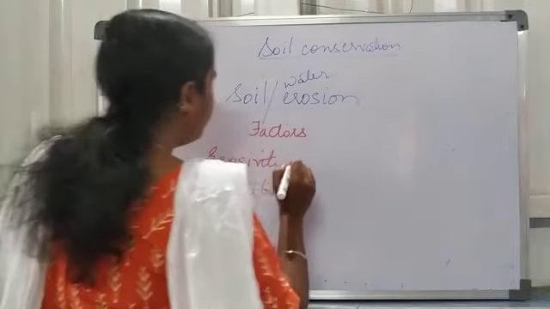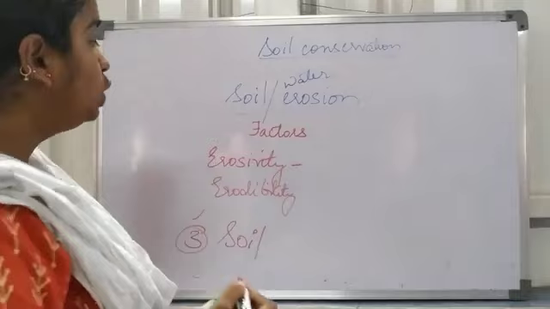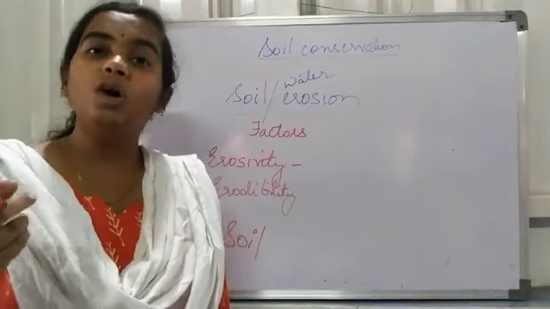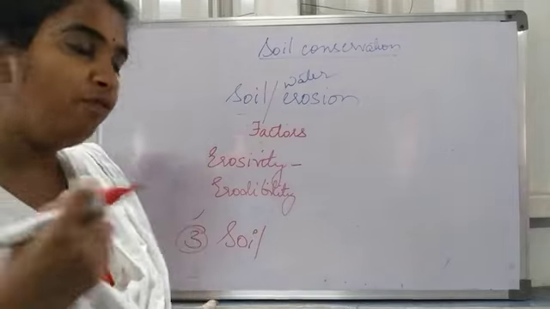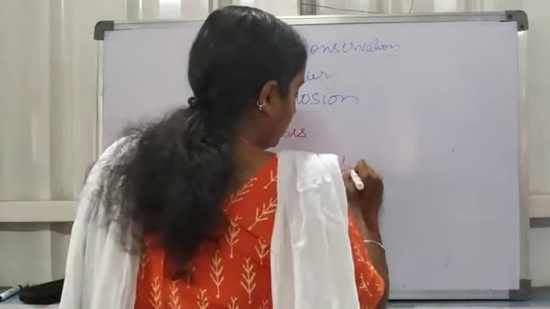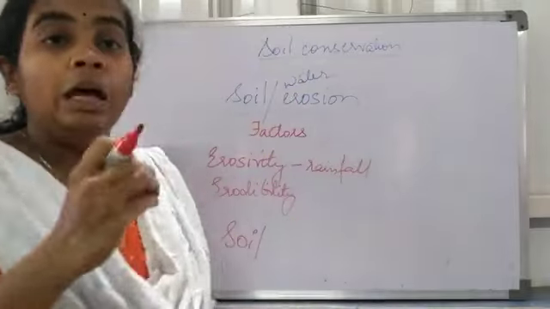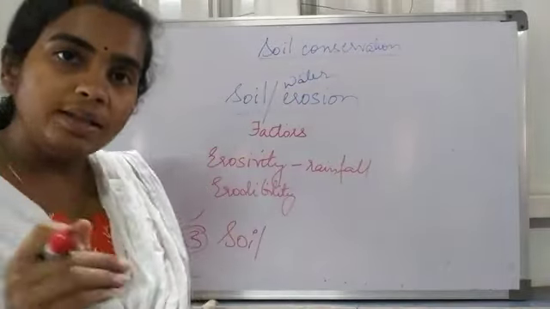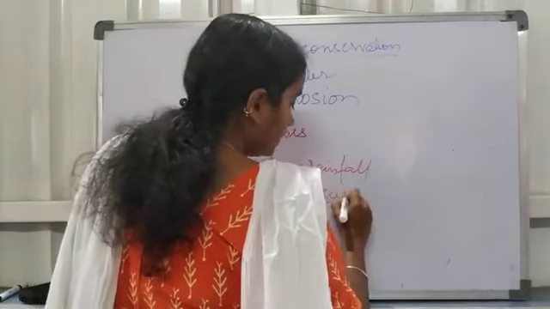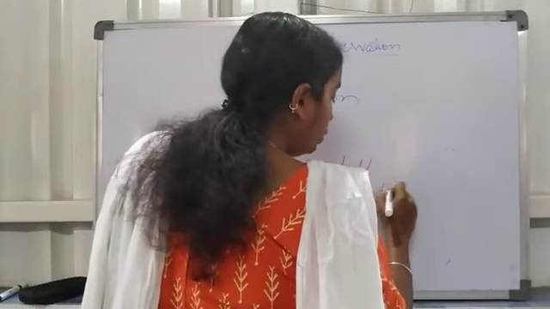Right? Erosivity talks about the character of the rainfall, how fast the rainfall is displacing the soil from one place to another. And erodibility talks about the susceptibility of the soil to erosion.